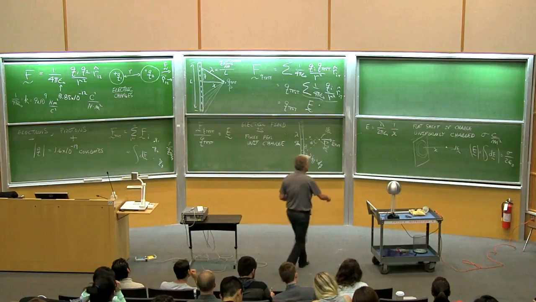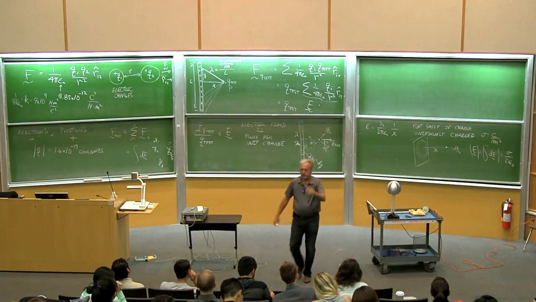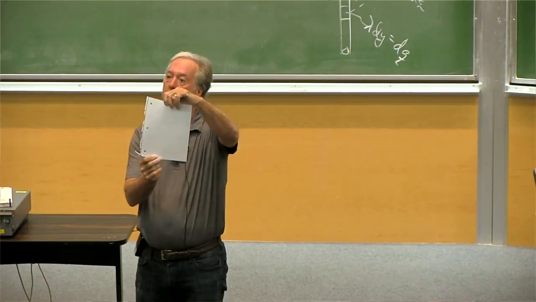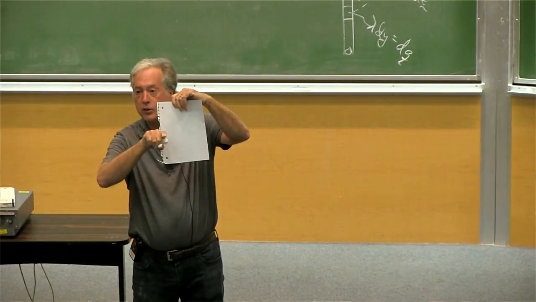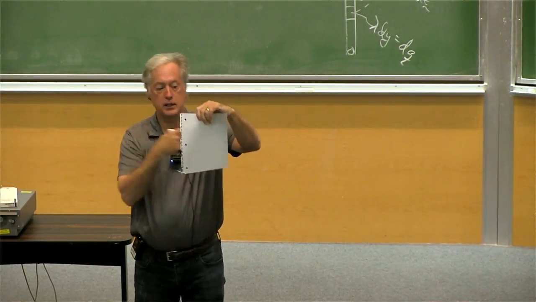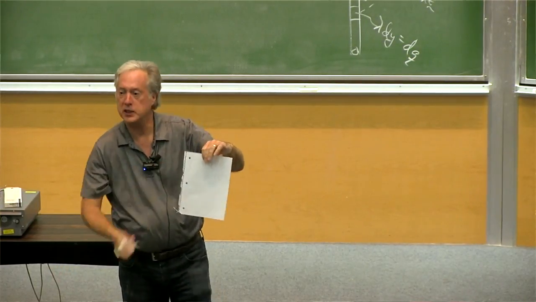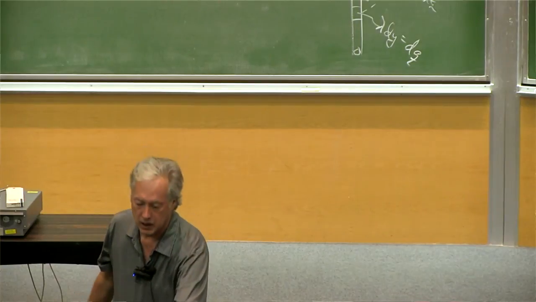Here, you have the sheet. And Nancy, you're looking at one side of it, right? But I'm looking at the other side. So the electric field on your side points out over here. The electric field on this side points towards the board or into the sheet, depending on the charge sign.